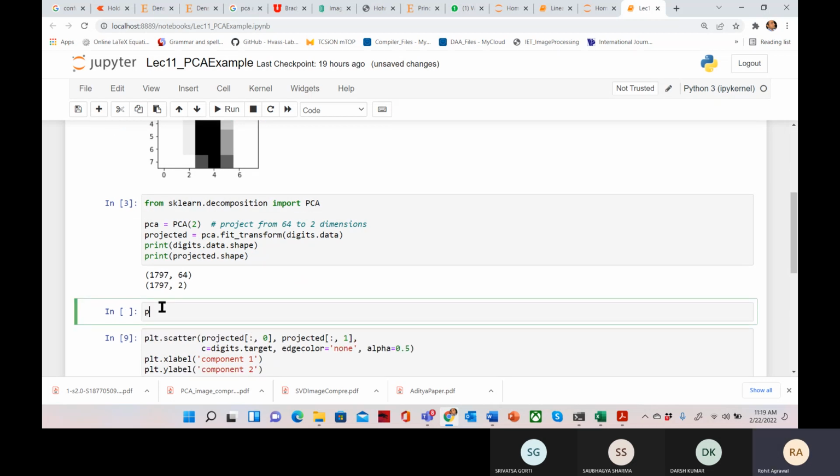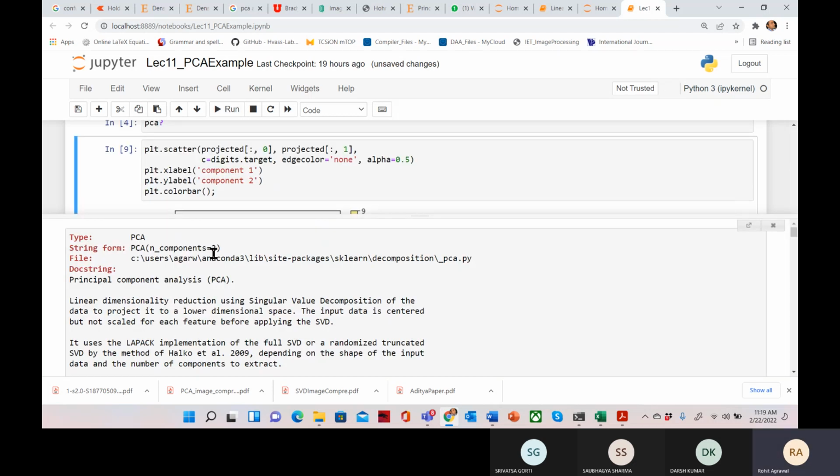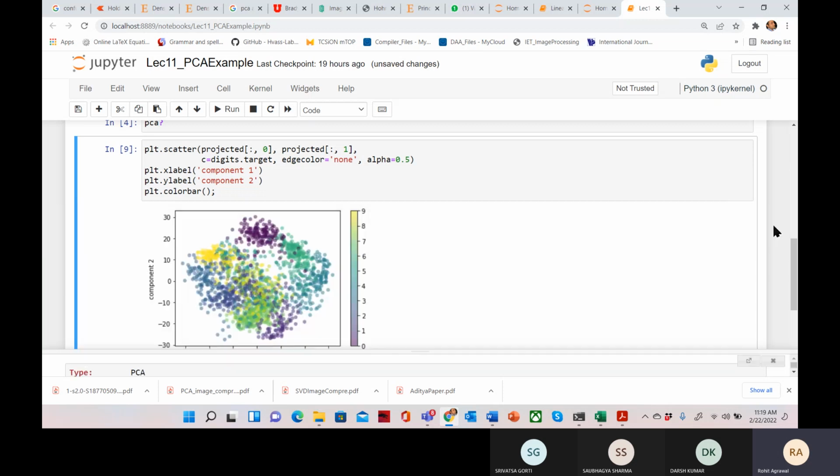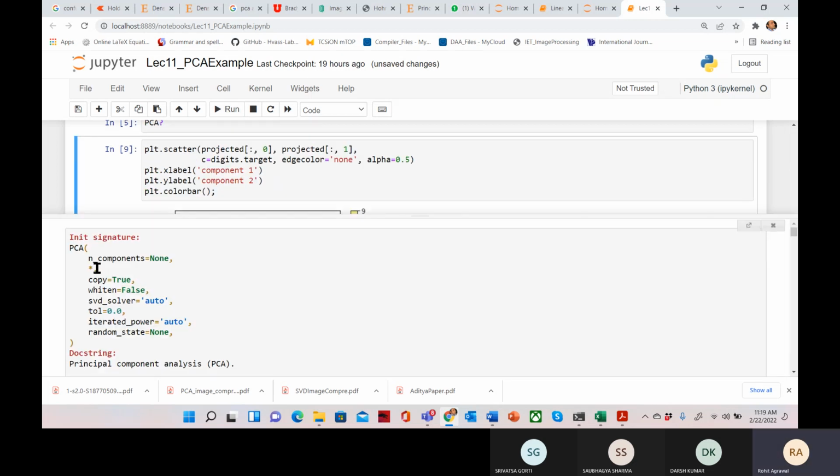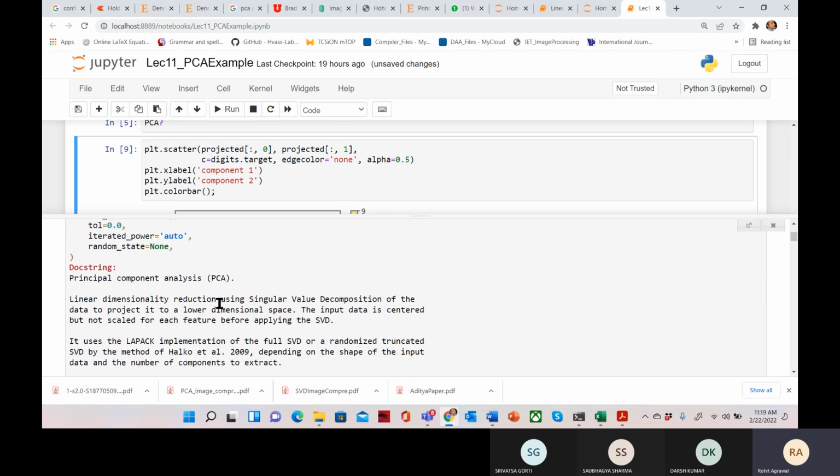It is a linear dimensionality reduction that uses singular value decomposition. So PCA uses SVD. The input data is centered, and so on.